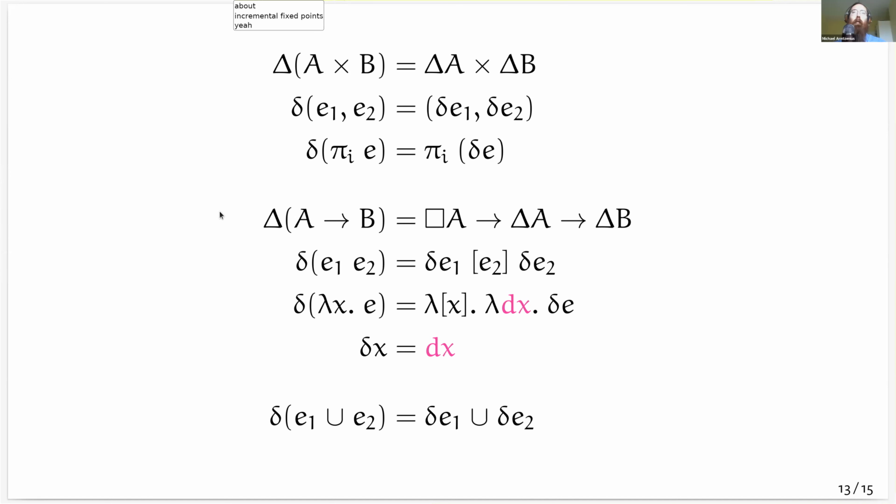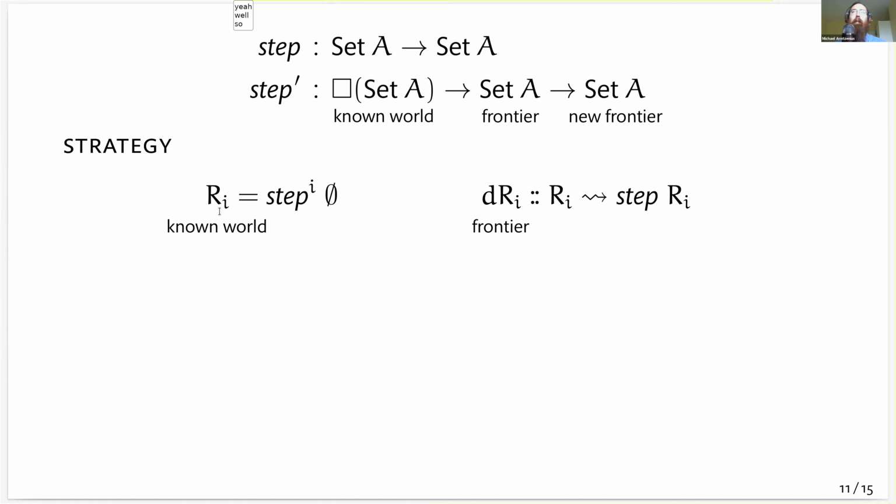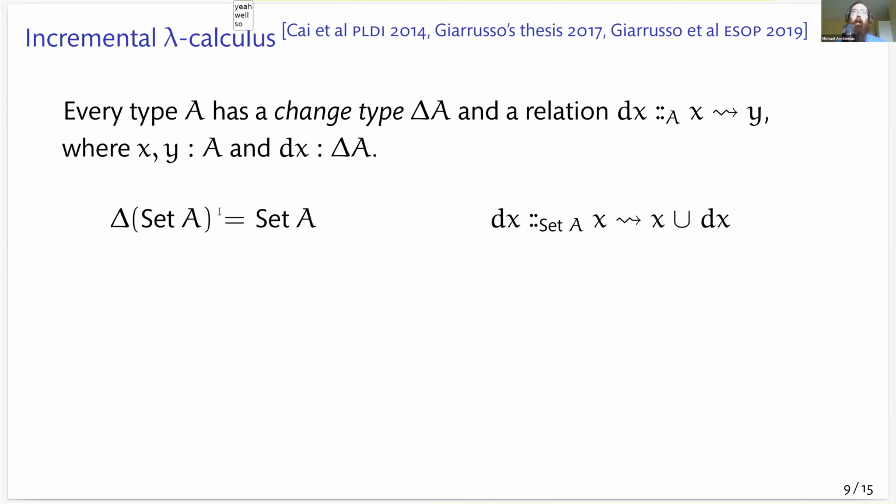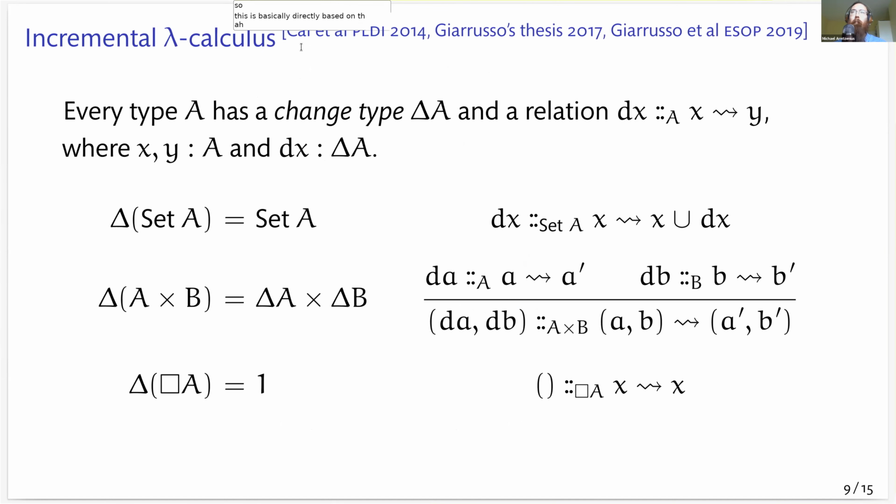Well, this is basically directly based on a line of work called the incremental lambda calculus. You mentioned differential programming, and this is not differential programming. It's more like finite differencing, because we're not asking how things change with respect to infinitesimal change. There are no infinitesimals here. Everything here is finite, actual data flowing around. No smoothness, no infinitesimals, no continuity.